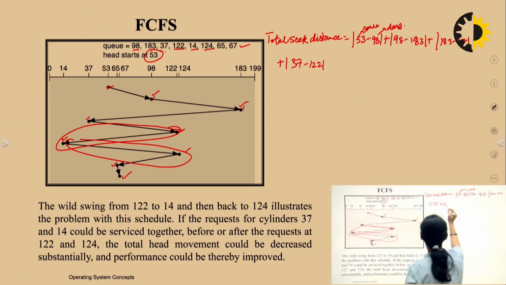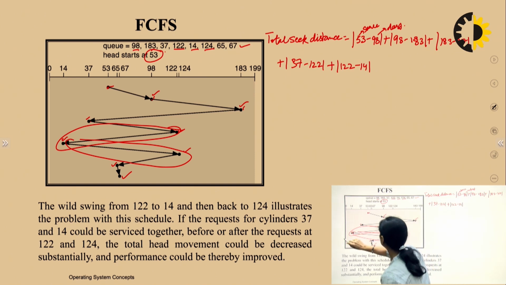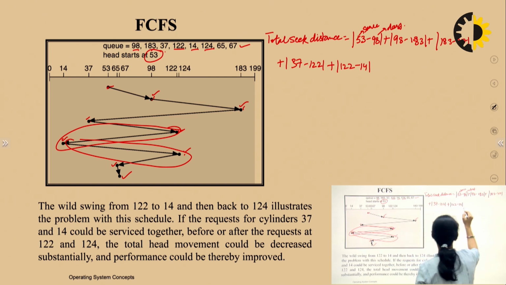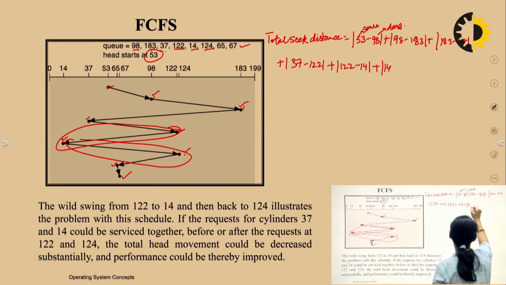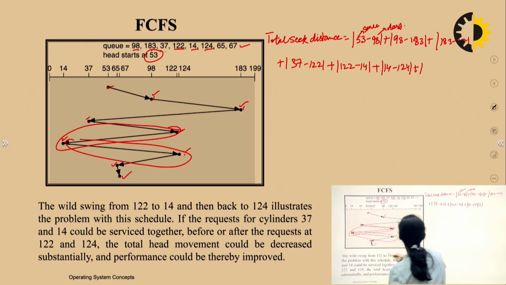Then from 122 to 14, it would go from 122 to 14. 14 to 124, so 14 to 124, plus from 124 to 65.